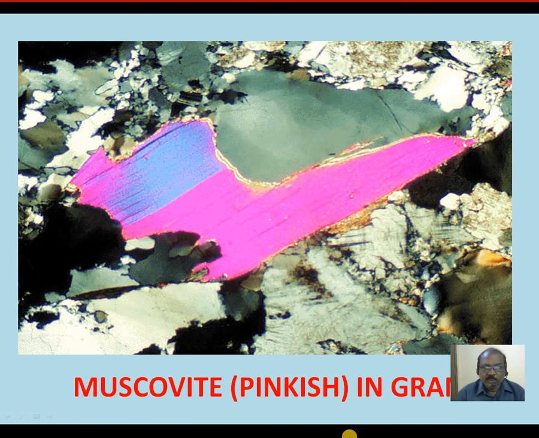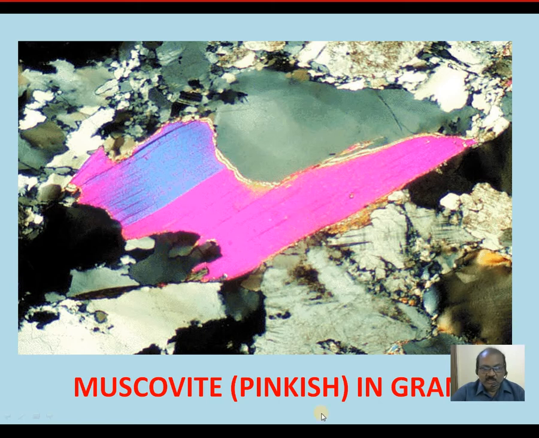Muscovite. So the pinkish color is known as muscovite. Of course, the sample is collected from granite, and this is quartz, which is not required here for explanation. This is only pinkish, bluish pink.